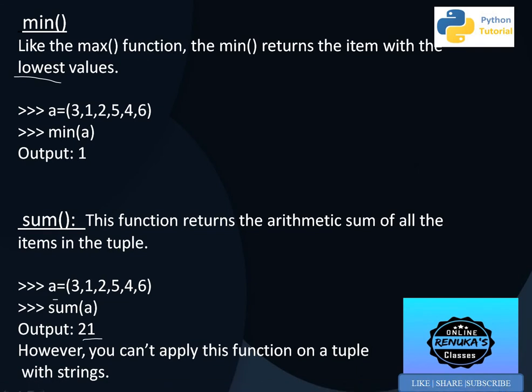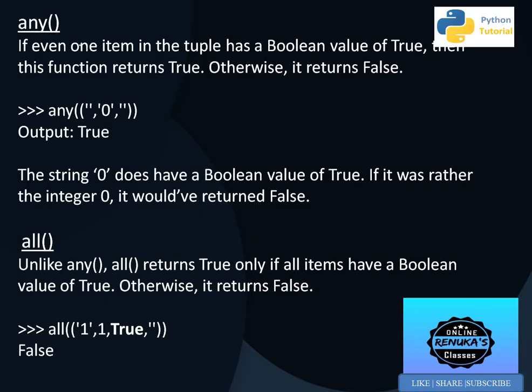Next, after sum, we will move to any. Any checks whether any of the given values is boolean true. If any one value is true, the output will be true. So in a tuple, if this is a blank value, then this is 0 in quotes, and this is blank, this is a true value, so the result is true.